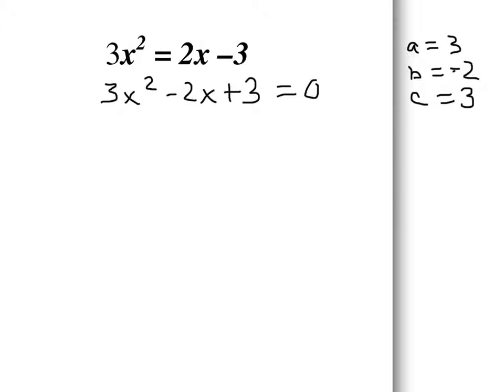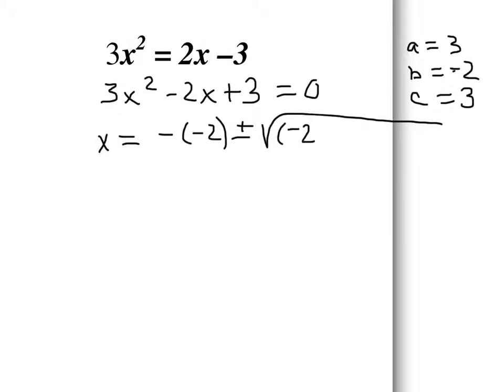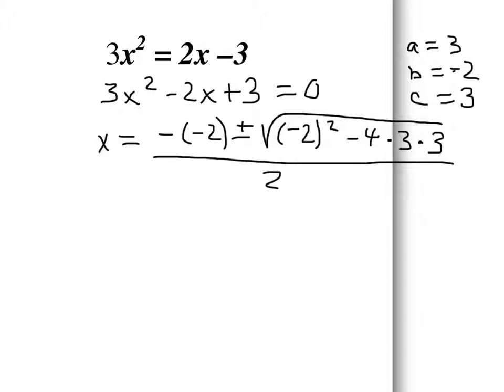So let's use these values in the quadratic formula. Negative b, -2, plus or minus the square root of b squared minus 4 times a times c, all over 2a.